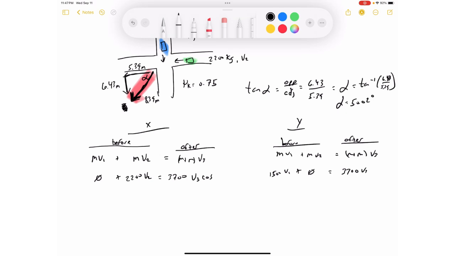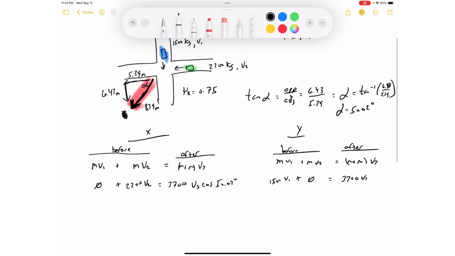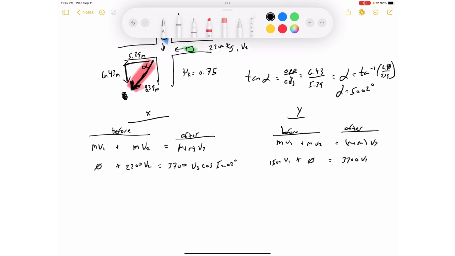Okay, so now I know what alpha is, right? I just figured that out. And now that I know that, I can come back down here and say, if I want to know just the x part of V3, I would say V3 times the cosine of alpha, which is 50.02 degrees. And conversely, over here in the y, I would say 3,700 times V3 times the sine of 50.02 degrees.